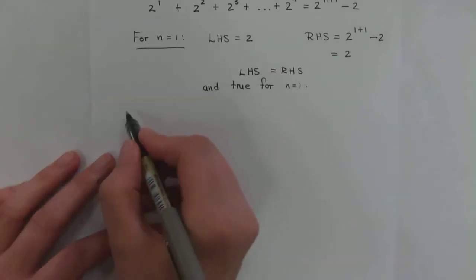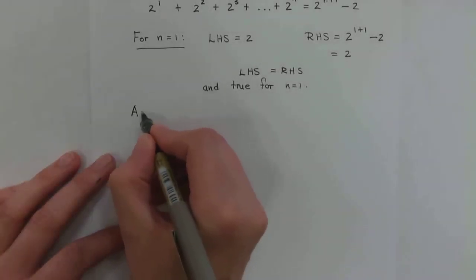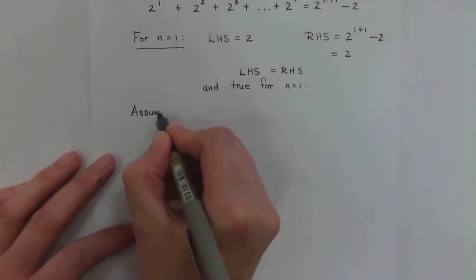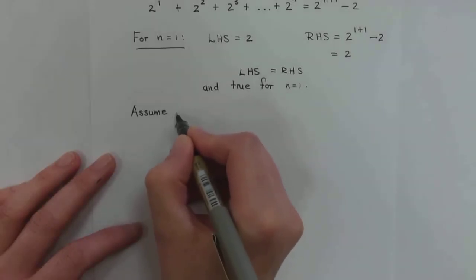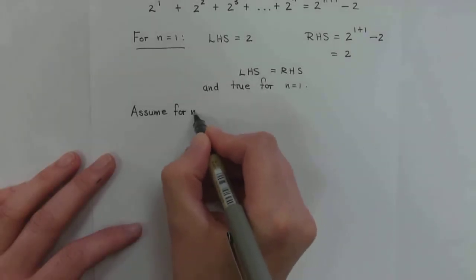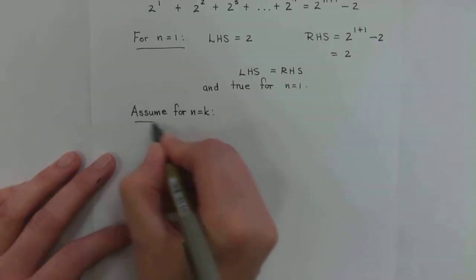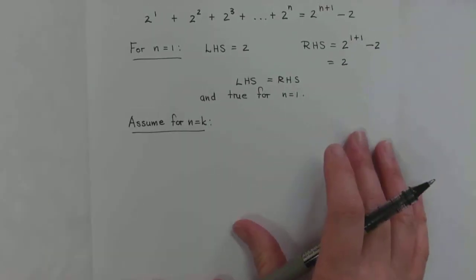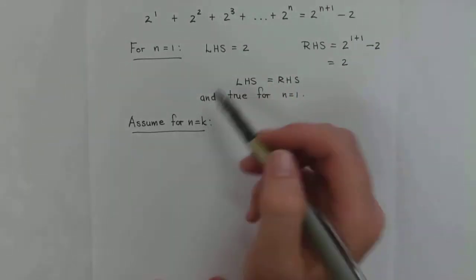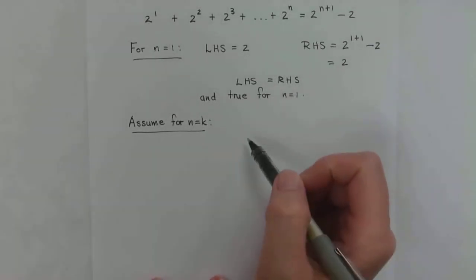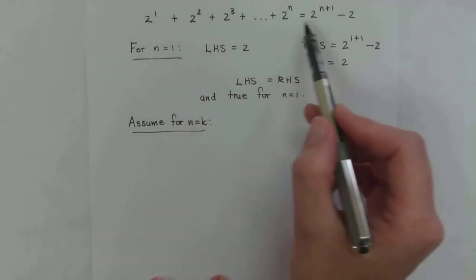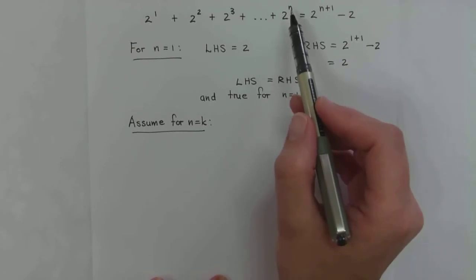Then I move over and I say assume. So I'm assuming that for some random term, k, that this will be true for that random term k. So all I do in this step is I write this exact statement out again and I just substitute in with k.